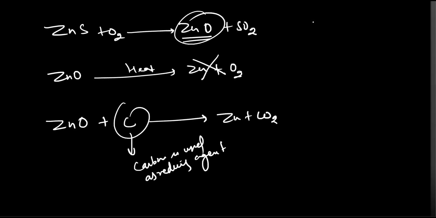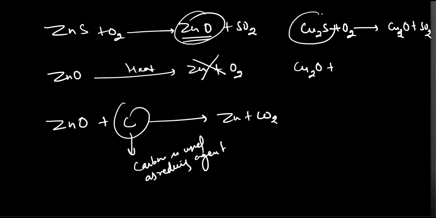But in the case of Cu2S, if you heat it in the presence of oxygen, it will give you Cu2O plus SO2. Further, as some particles get converted into Cu2O, they start reacting with the Cu2S still in the container.